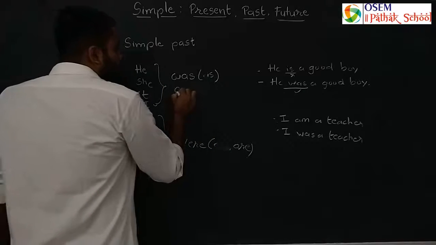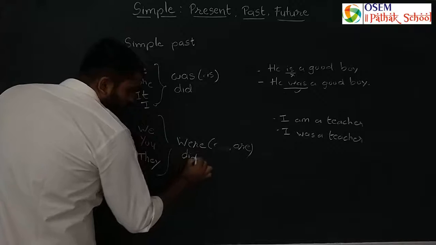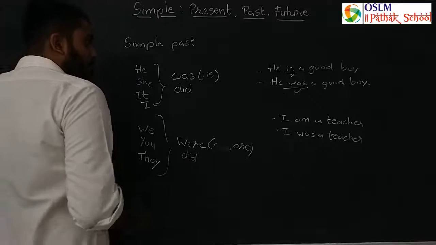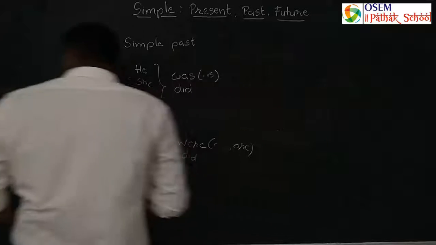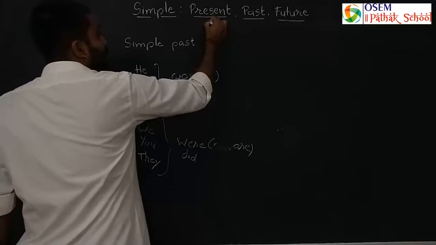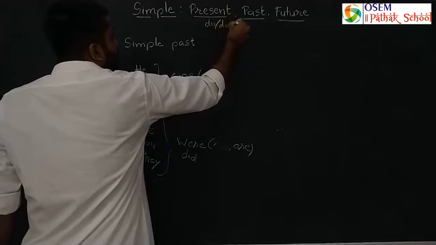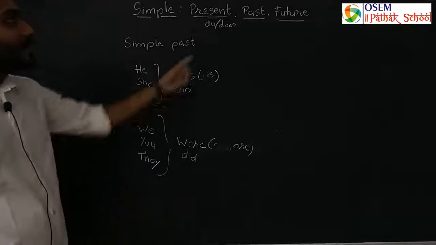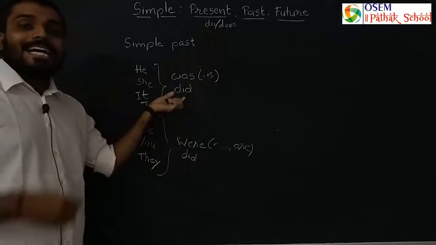Now we will have to use did for both. Remember, in simple present tense we used do and does. हमने क्या यूज किया था यहाँ पे, do and does, उसका हो जाएगा did.